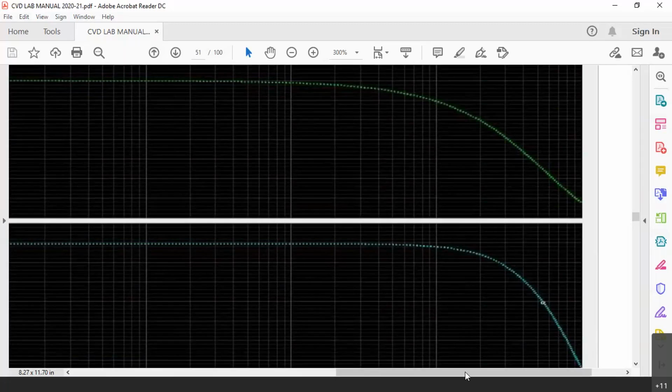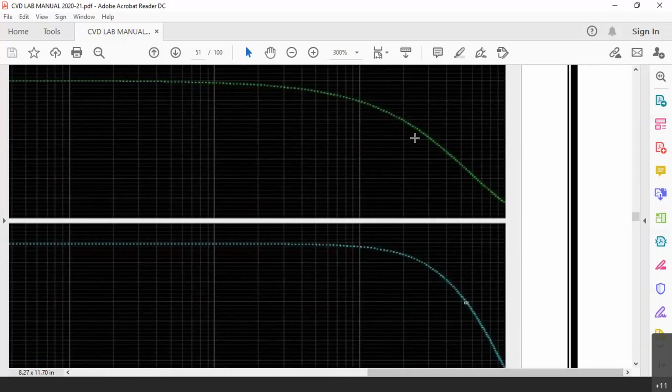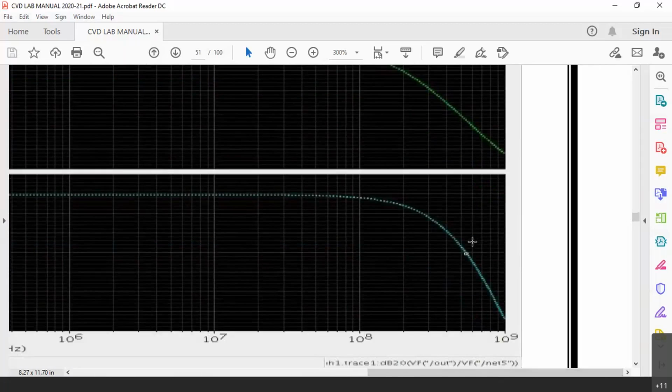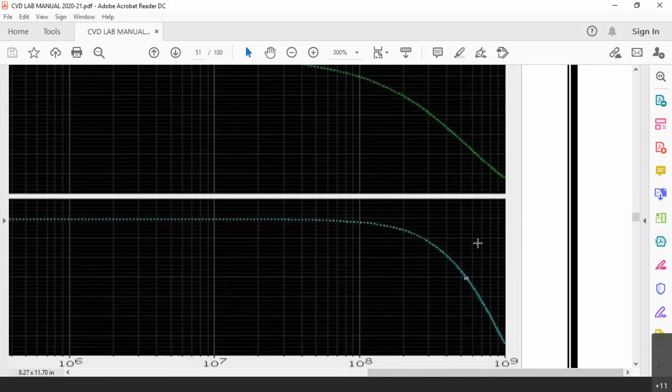What is gain margin and phase margin? Whenever the phase is becoming 0, the gain should not become 0 dB. Or whenever the gain is becoming 0 dB, the phase should not become 0. That is the idea there. 0 dB corresponds to unity gain, right?